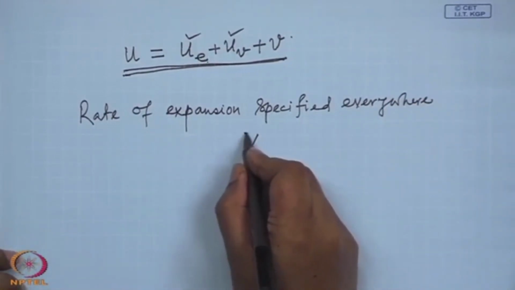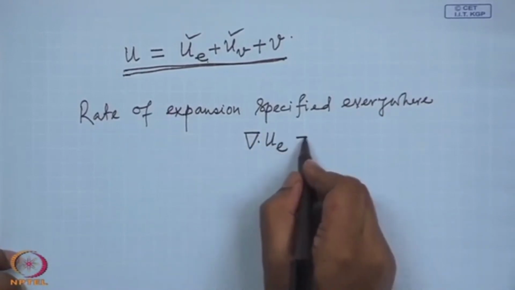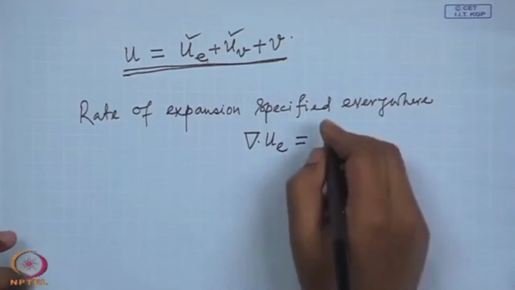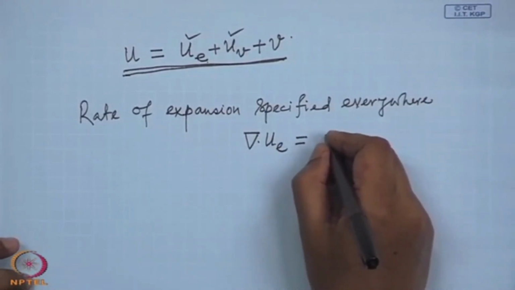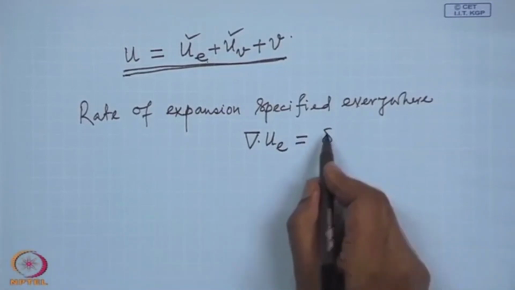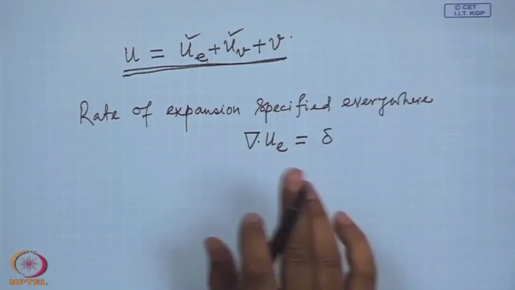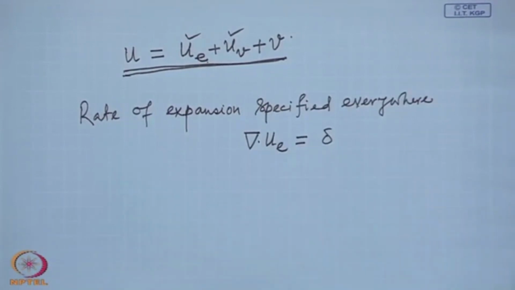Rate of expansion, as we know, is divergence of UE, we call that delta. Of course, it is a function of x, y, z. At each and every point, the rate of expansion is specified.